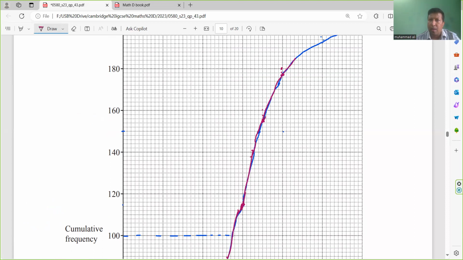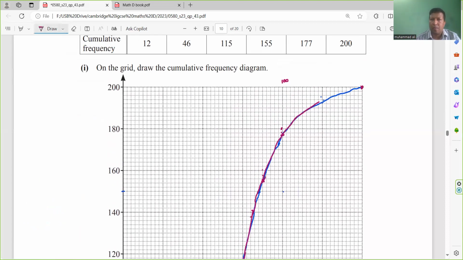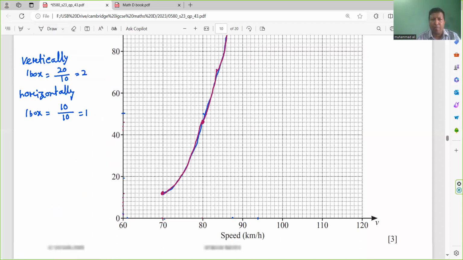So our cumulative frequency diagram is drawn. Okay, so part 1 is completed.